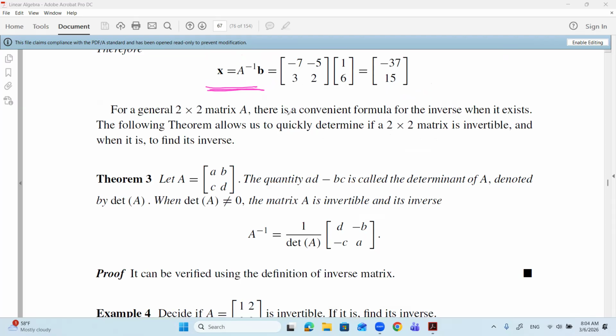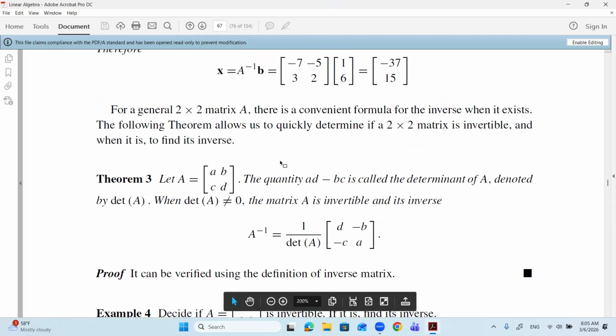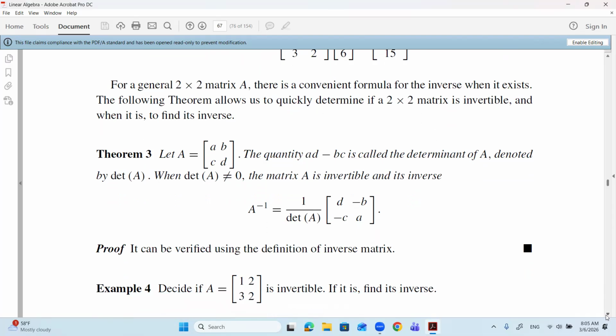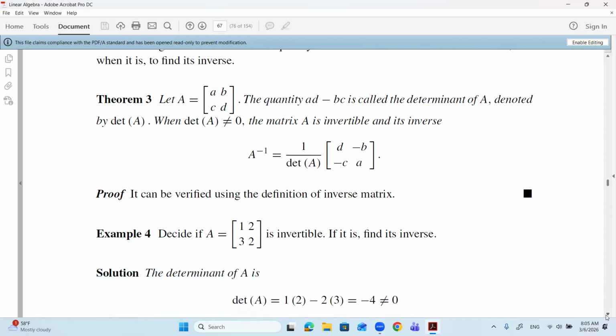If A inverse exists, we have only a unique solution. Actually, later we will show that it's a necessary and sufficient condition. That means a unique solution also implies the existence of A inverse. We will talk in more detail about the properties of the inverse.